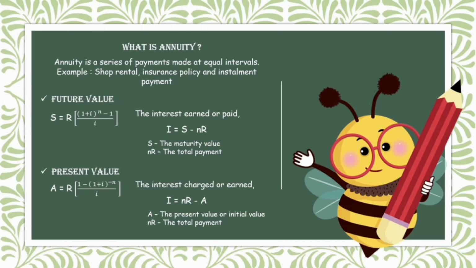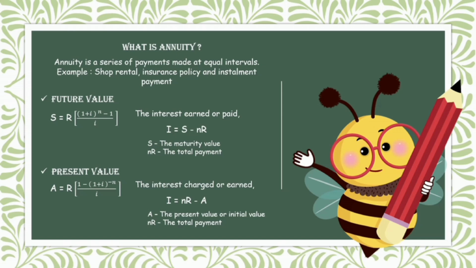The interest earned or paid I equals S minus nR. I is the interest, S is the maturity value, and nR is the total payment. For the present value, we use the formula A equals R[1 minus (1 plus i) to the power of negative n over i].